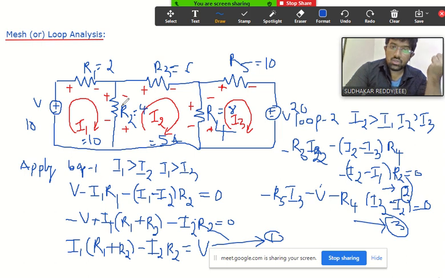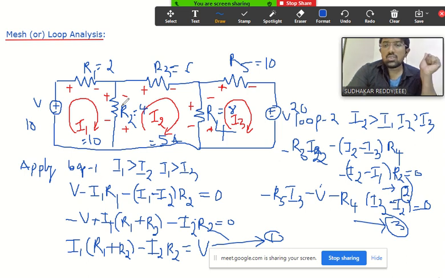What is the fourth step after assigning the polarities? We need to apply KVL, not KCL, KVL, for each and every loop. Then what equations are we getting? If we have three meshes, we get three equations.